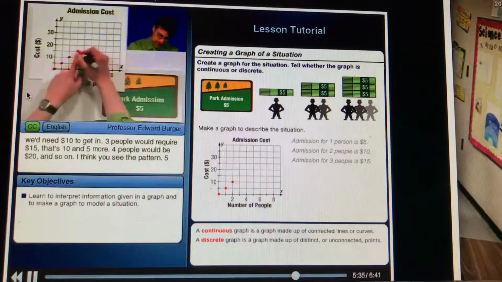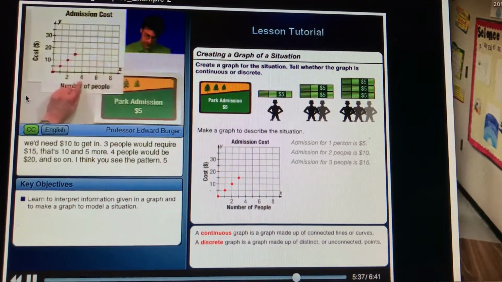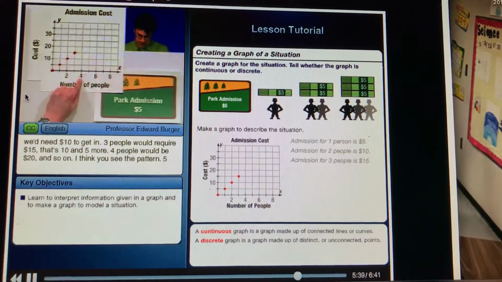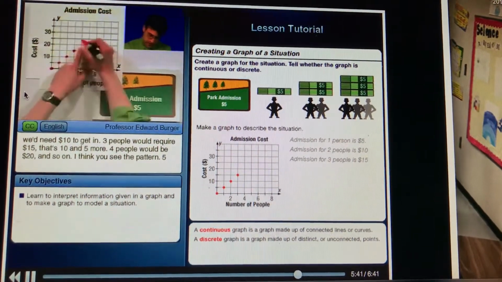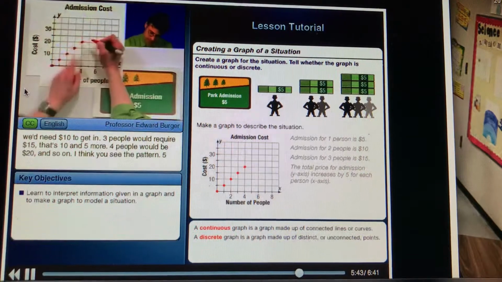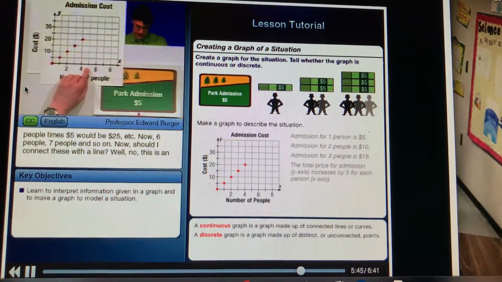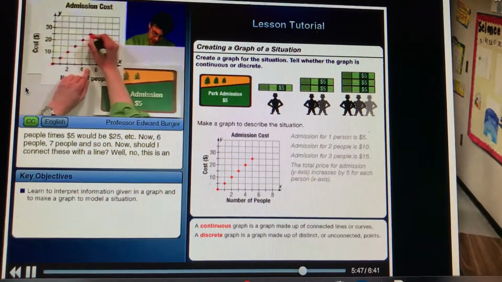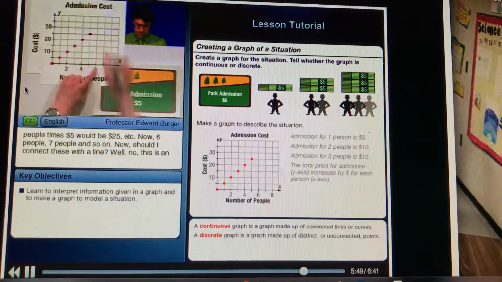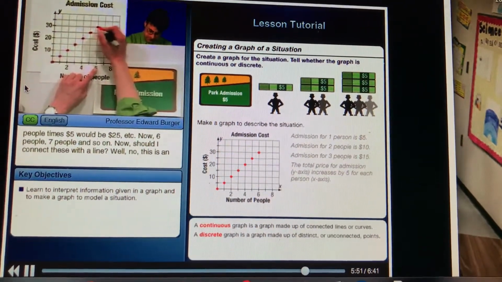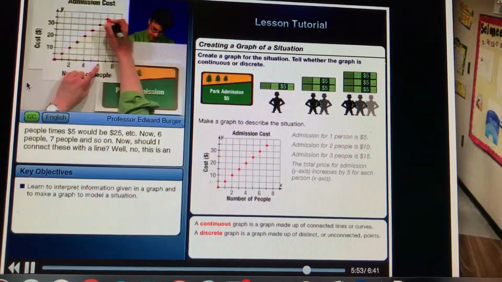That's 10 and 5 more. 4 people would be $20, and so on. I think you see the pattern. 5 people times $5 would be $25, etc. Now, 6 people, 7 people, and so on.